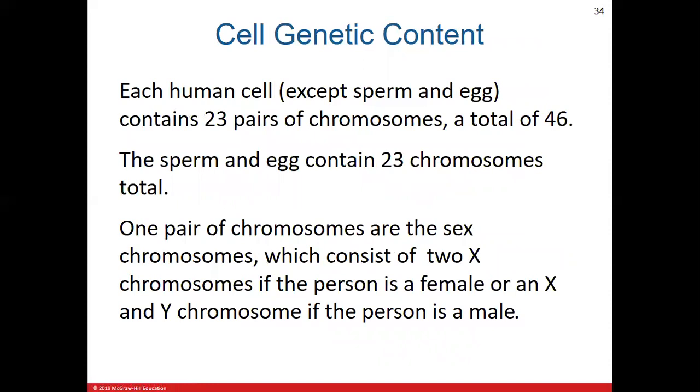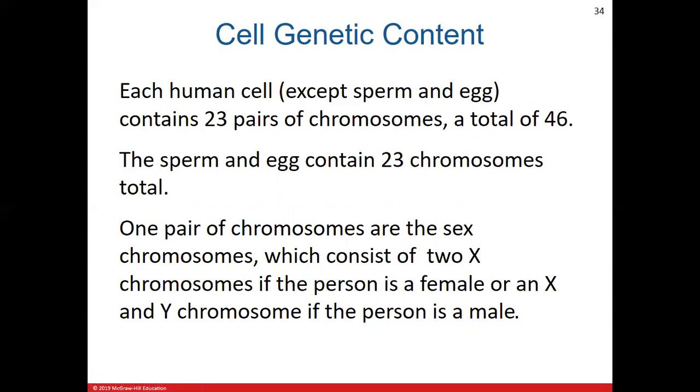And so some things that are good to know about cell division or about the cells. Each human cell basically has a total of 46 chromosomes. You have 23 pairs of chromosomes. Now that's a little different from your gametes. We'll talk about this in a different chapter, but your gametes, your egg cell and your sperm cell, are haploid. They have half the number of chromosomes.